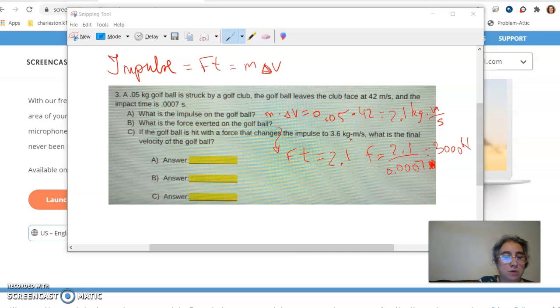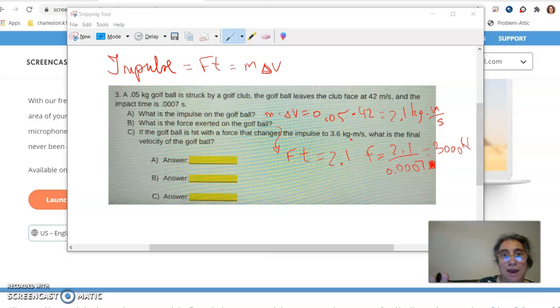But the problem is actually not referring to changing the impulse from the previous one to this. This is a totally different situation. We have the same ball and the same mass, but we apply a different force here, so it's like we start from scratch.